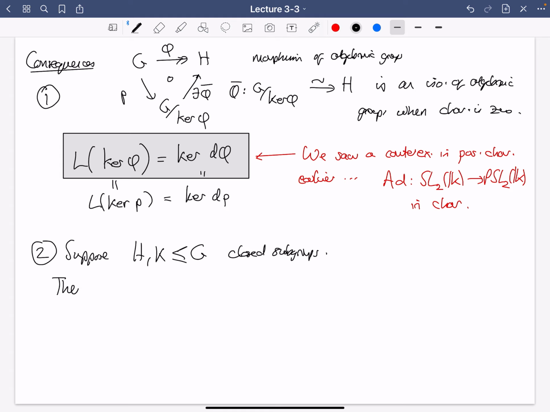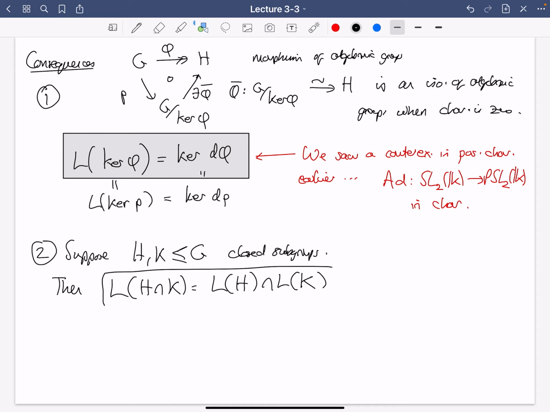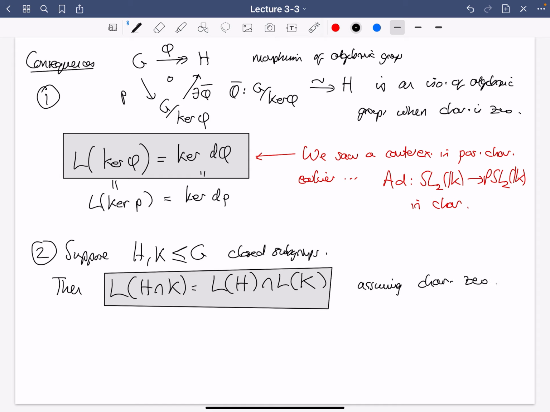Then the Lie algebra of their intersection is the Lie algebra of H intersected with the Lie algebra of K. This is all taking place inside the Lie algebra of our group G. Again, assuming we're in characteristic 0. Again, essential.